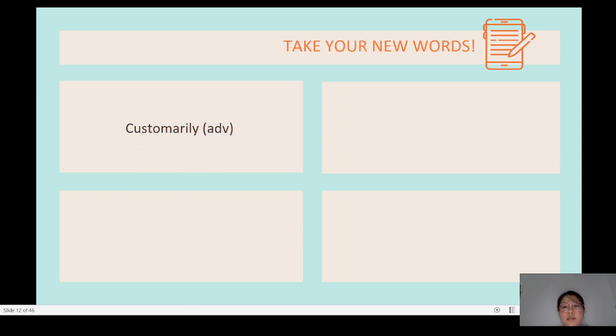Here are some new words you should learn by heart every day to improve your vocabulary range. Customarily has the same meaning as traditionally and conventionally. Lucky money is the amount of money that children receive from the adults on the Tet holiday, which is wrapped in red envelopes.